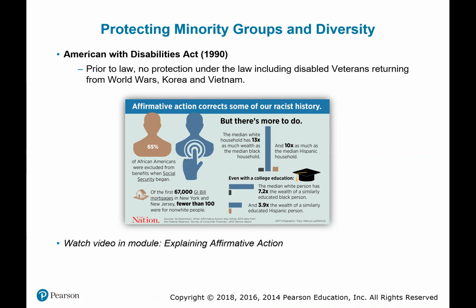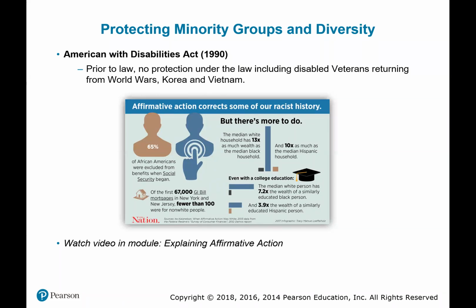Does that mean everyone's racist? Absolutely not. But we can't deny that when we're looking honestly at the issues. And this leads to things like the white household has 13 times as much wealth as the average Black household and 10 times as much as the median Hispanic household. And even the college education, well, that's been great.